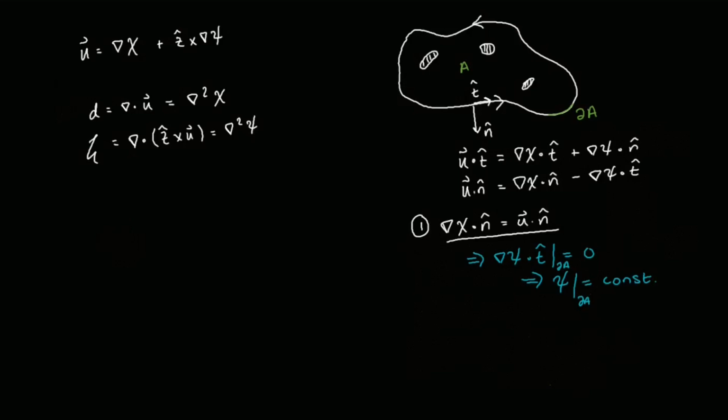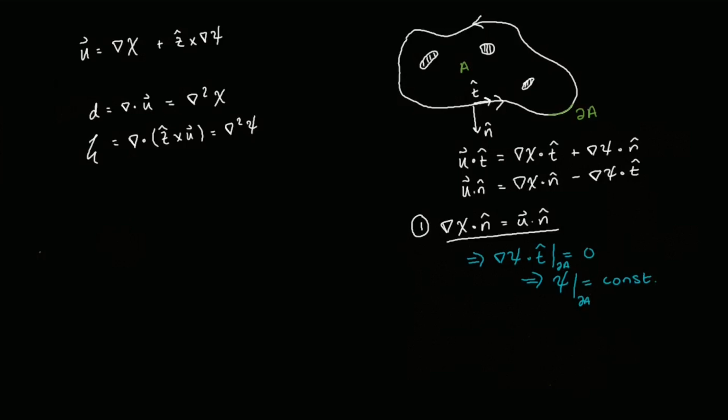We could choose to set the normal gradient of chi, which is the divergent part of the Helmholtz decomposition. If we choose that, then we get psi as a constant. And you can see I could pick any number of things here.